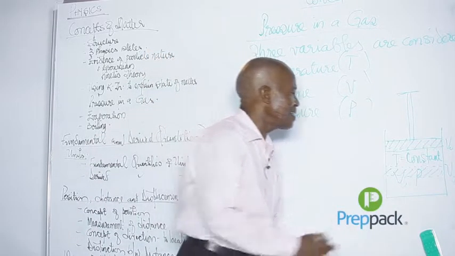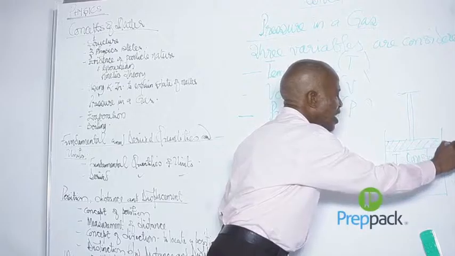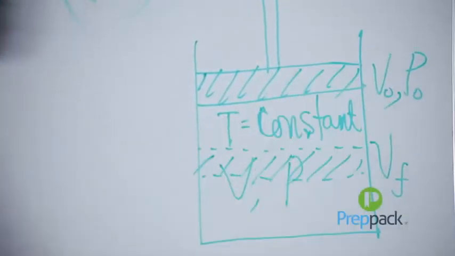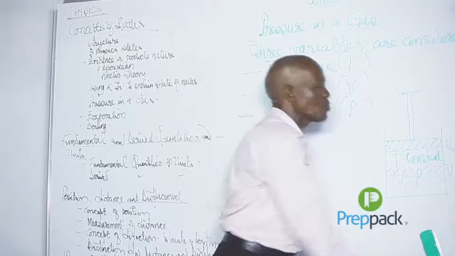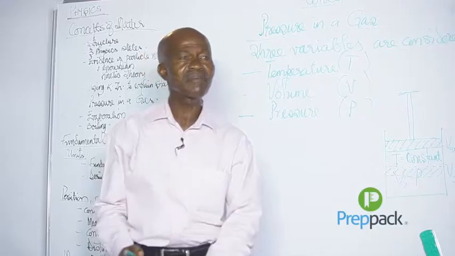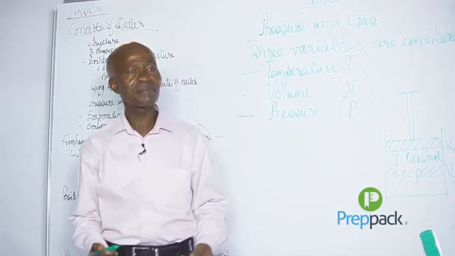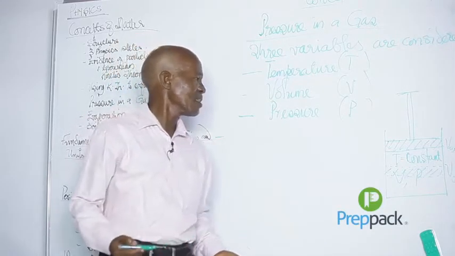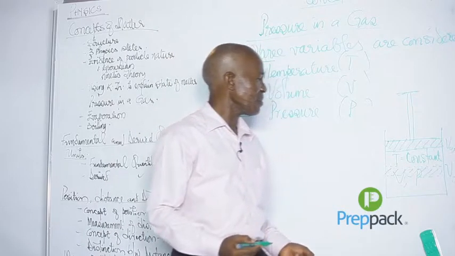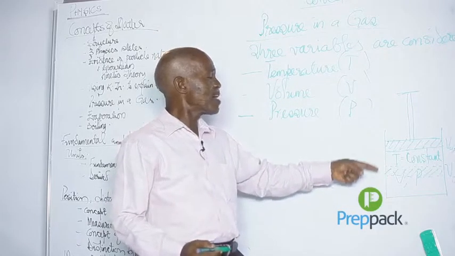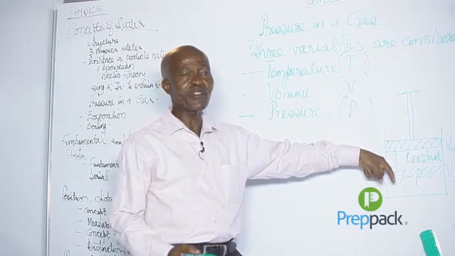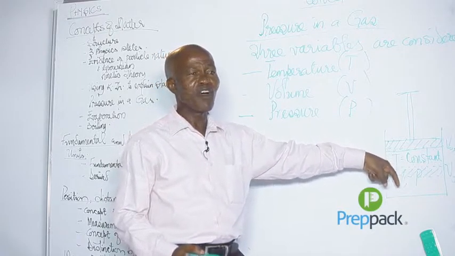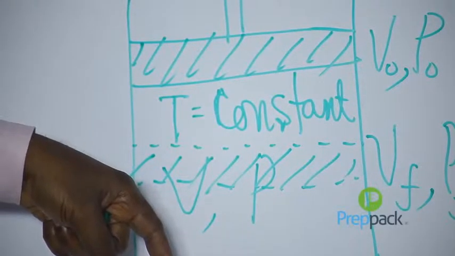At that time, we have the corresponding value of the pressure P0, and over here, we have the final pressure also as P final. What is happening here? We will realize that as the pressure increases, what happens to the volume? The volume, of course, reduces.